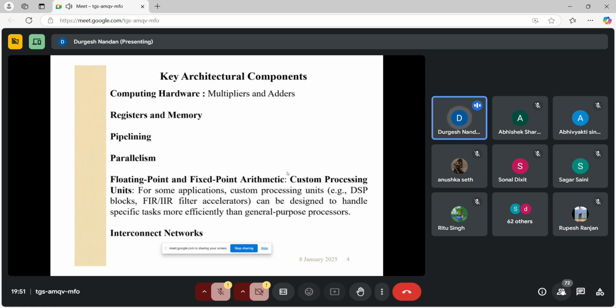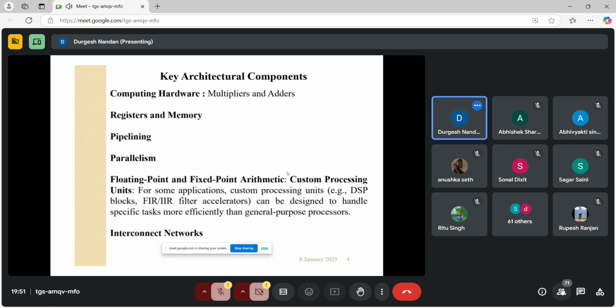Now if we talk about the key architectural components for designing any VLSI architecture for signal processing, the first one is computing hardware. Inside that, the major components are multipliers and adders. Another key component is registers and memory.